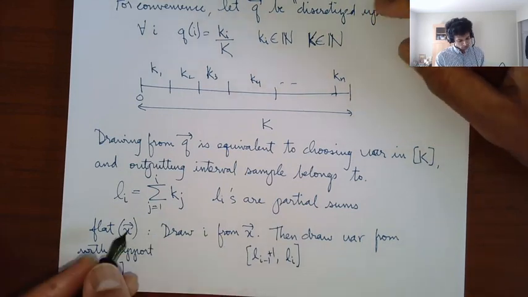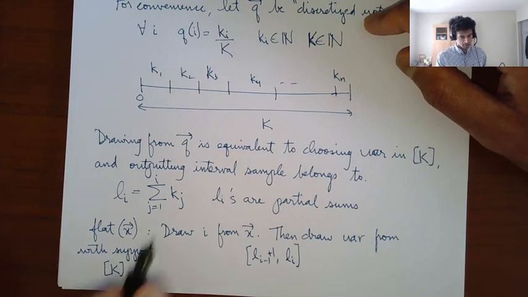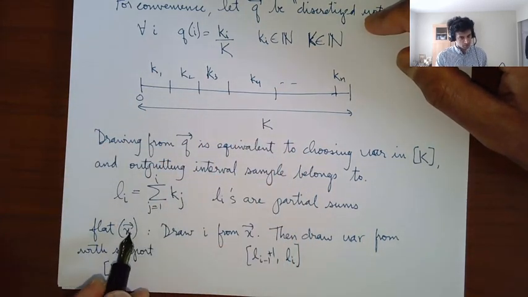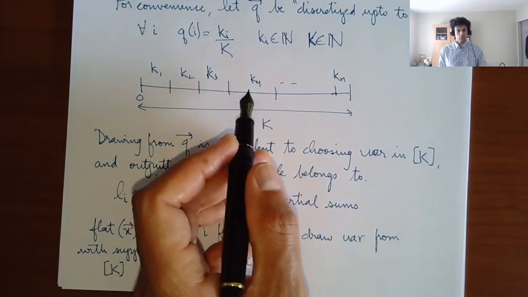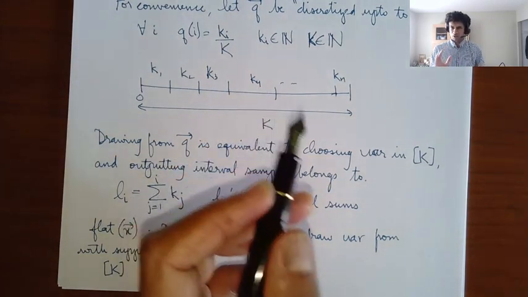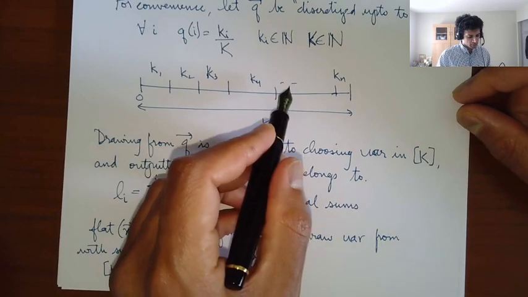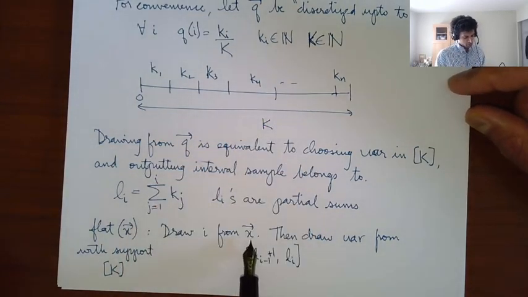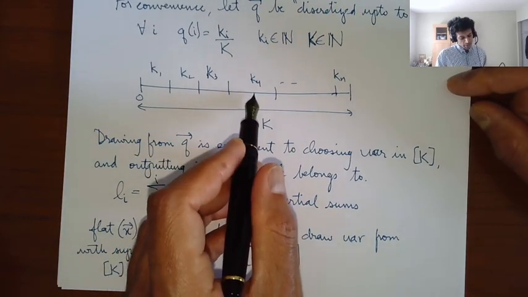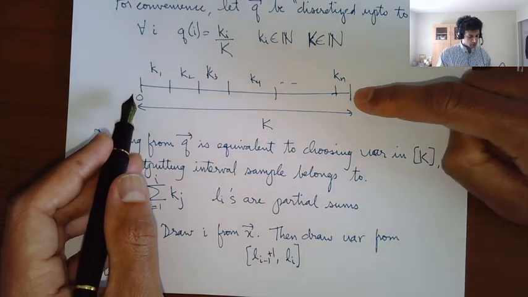So remember that X has support N. I'm going to construct a distribution with support K. So I pick a bin according to X, and then in that bin, I should call it a bucket, because I don't want to confuse it with the balls and bins. So let me think of these as buckets. I'm going to pick a bucket proportional to X, and then draw a uniform random element from that bucket. This gives me a distribution over K.